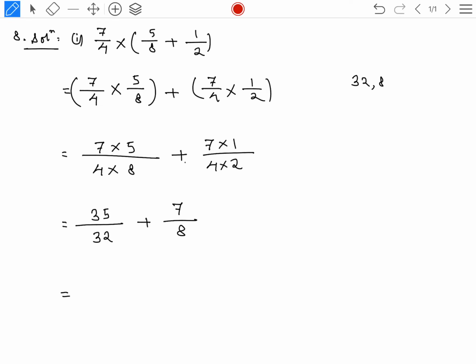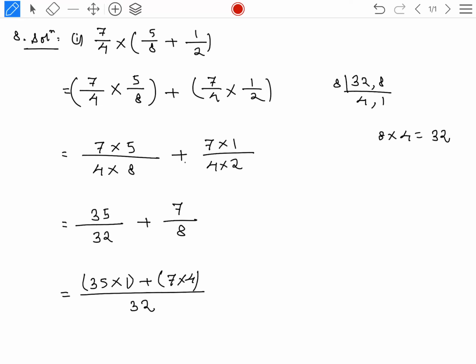Now see, the LCM of 32 and 8 will be 32. Why? Because 8 divides 32. Since 8 4s are 32, it will be 35 into 1, plus, since 8 4s are 32, 7 into 4. Understood?